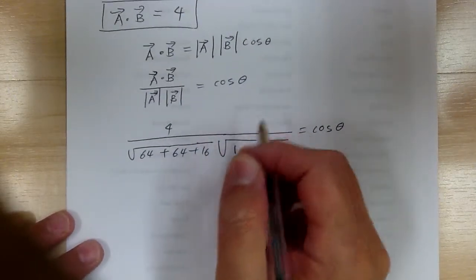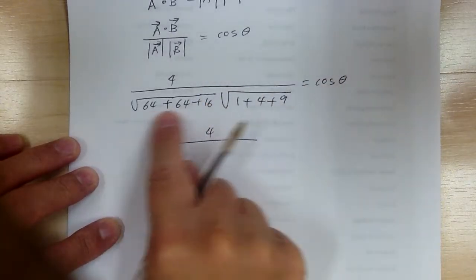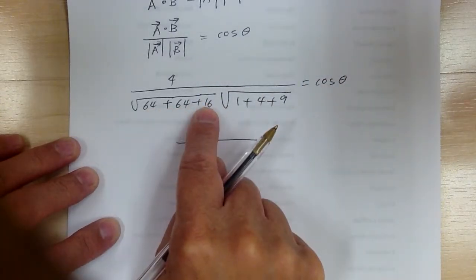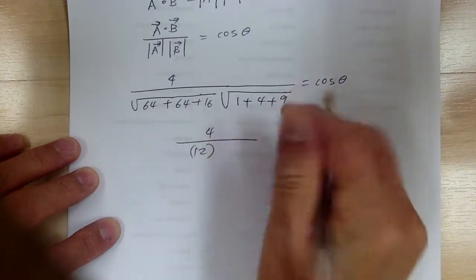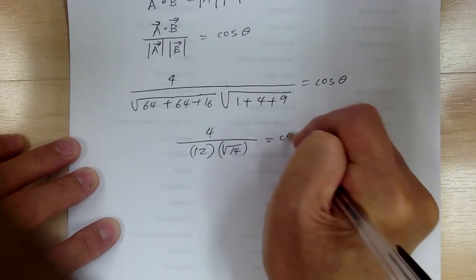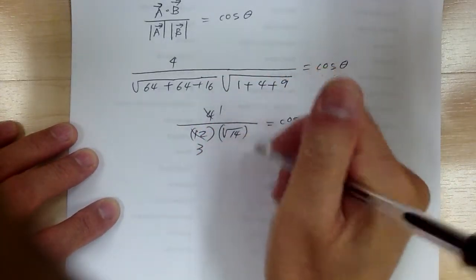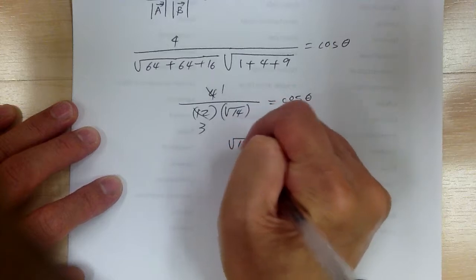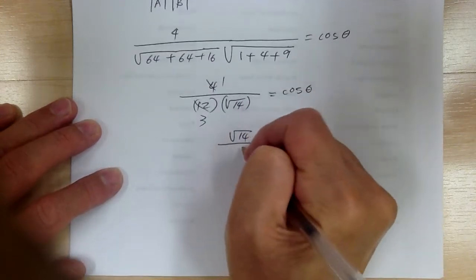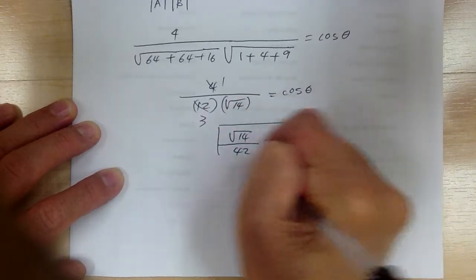Okay, so you're going to get 4 over, this is going to be the square root of 144, so this is 12. This is the square root of 14. And you can simplify and multiply by the square root of 14. So you got square root of 14 over 42. Okay, and that's it.